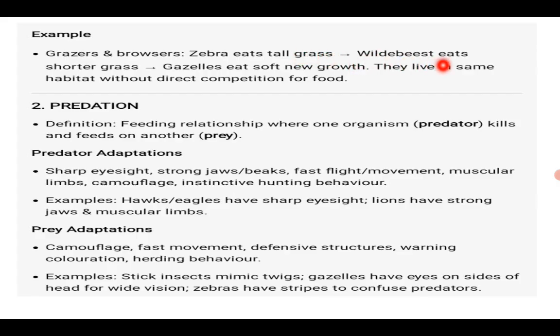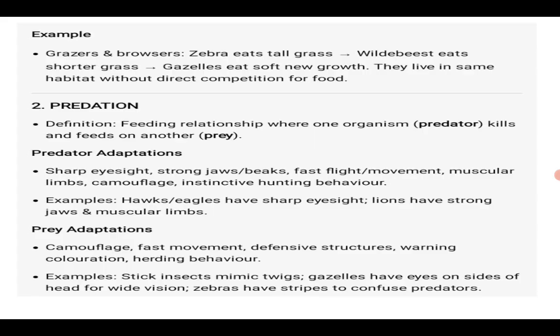The wild beast eats shorter grass, while gazelles, for example, eat soft, new growth. They live in the same habitat without direct competition for food. So this is an example of coexistence.